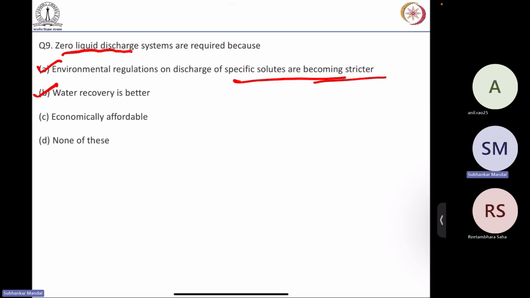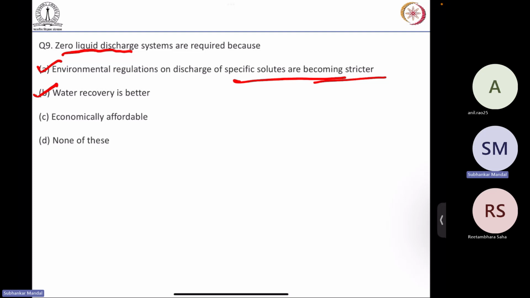Okay, so option A and option B. But this ZLD has so many disadvantages also, which we already discussed. So we can go to the next problem.